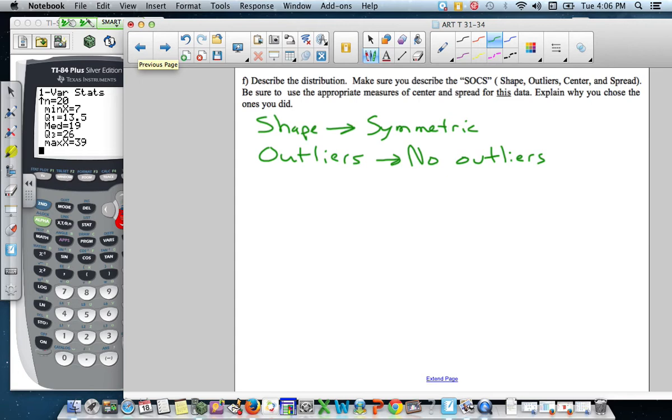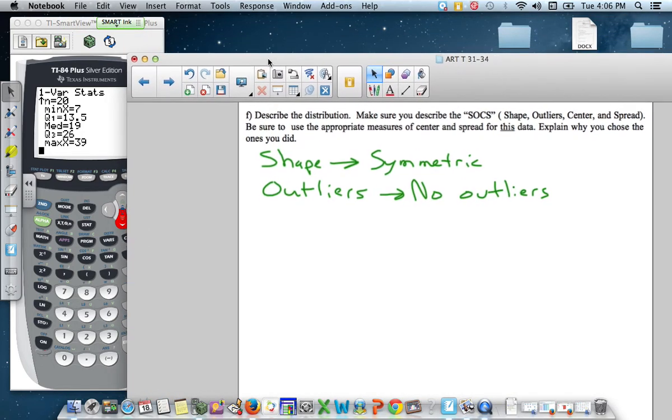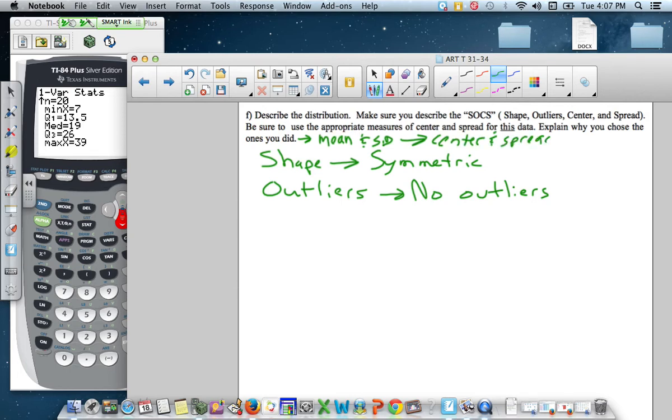Now in this case, when there are no outliers, we should use the mean and standard deviation. So I'm answering this question here, explain why you chose the ones you did. The mean and the standard deviation are going to describe the center and spread, because they do a good job when the data is symmetric with no outliers.